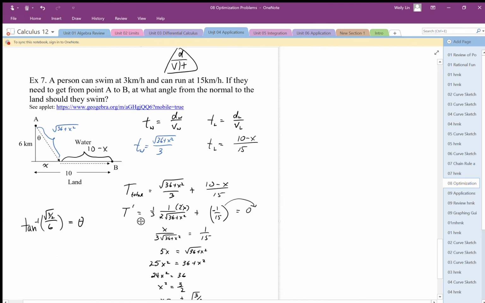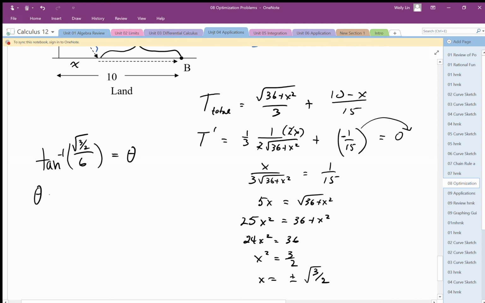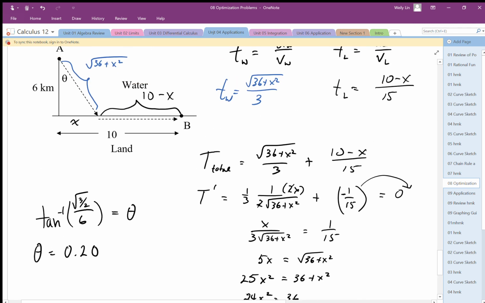So calculating my theta, on my calculator I'm getting an angle of 0.201, so I'm going to round that to 0.20 radians. So that angle is going to give me the best angle to minimize the time to get from A to B the fastest.